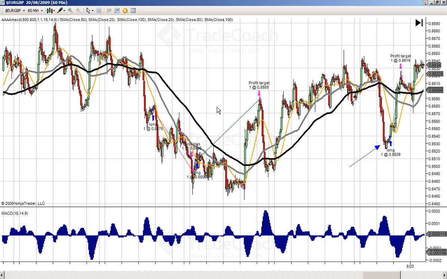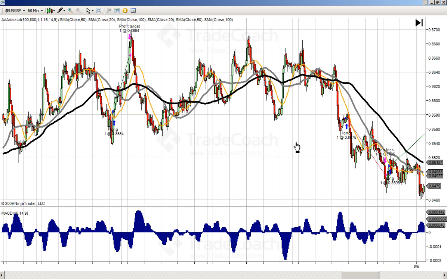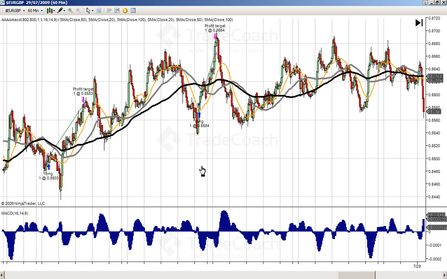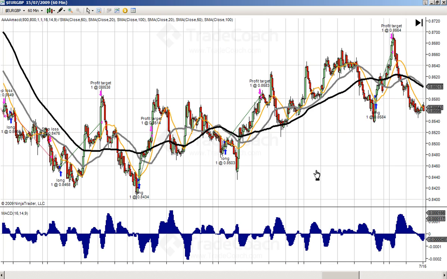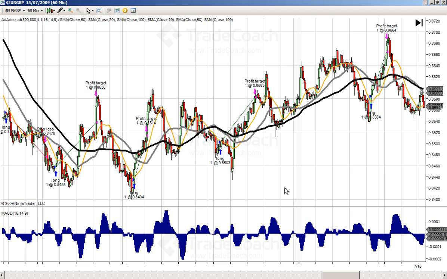Now, another fascinating thing I want to show you, and I was talking about it before. Let me see if I can find something. Okay, let's have a look at this. On the screen you can see 1, 2, 3, 4 winning trades and 1 losing one. The 4 winning ones all returned 80 pips each. Bang, bang, bang all the way through.